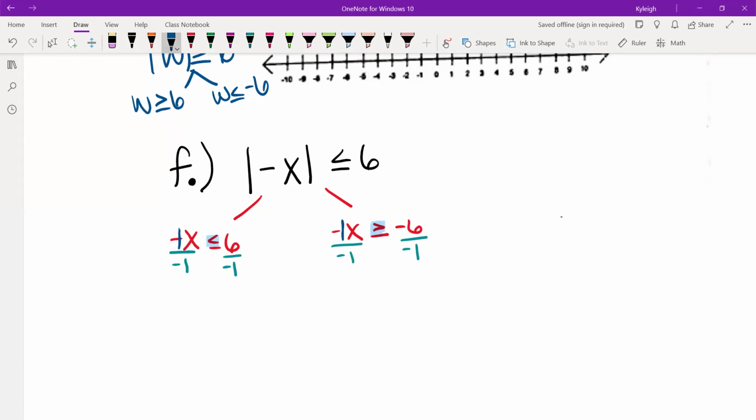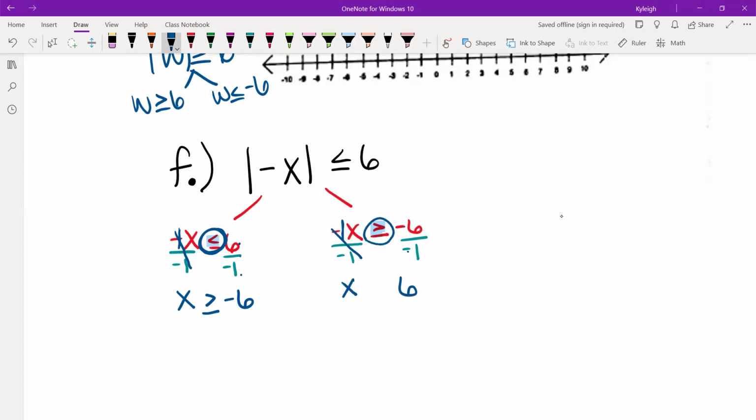So kind of backtracking here. These -1s cancel. We're left with x. 6 divided by -1 is -6. But now, because we divided by a negative, this inequality sign flips the other direction. Same thing here. Negative divided by negative is a positive x. Negative divided by negative is a positive 6.